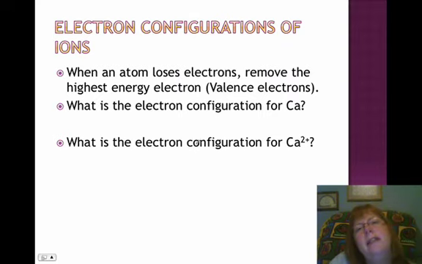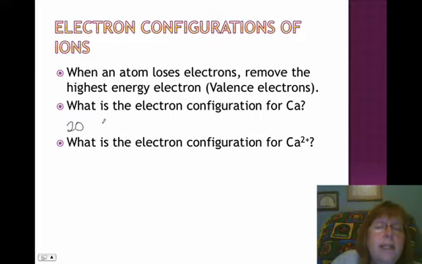Now let's look at electron configuration of ions. What happens when you gain and lose electrons? Let's start off with an atom that loses electrons to form a cation. Which electrons do you remove? The answer is you remove the outermost electrons, which are the valence electrons. So let's practice by writing the electron configuration for calcium.